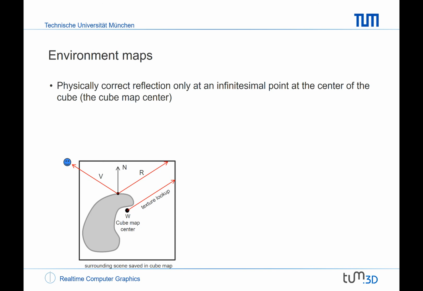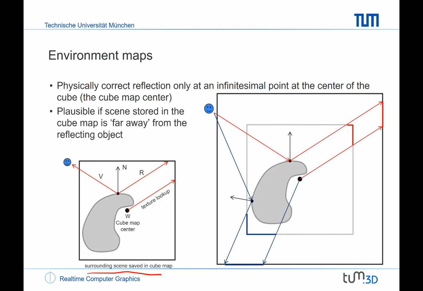And now again, if we look at this example here, we see that the very same R vector can of course occur at differently located fragments. And if we only base that lookup operation on that R vector, then of course we might get a wrong reflection. That is exactly what we see here on the left-hand side.